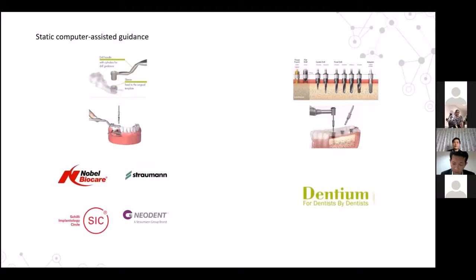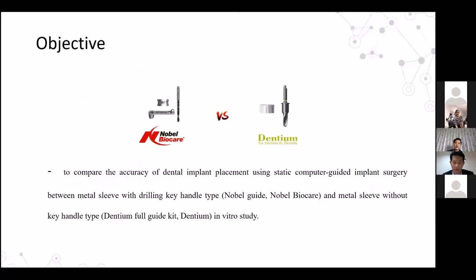This is an example of the companies using the static computer guide, but now there is a lack of studies that examine the accuracy of different computer-guided implant surgery, different guide designs, components, protocols, along with the shape of the drill design that may affect the efficiency of each guided implant system.